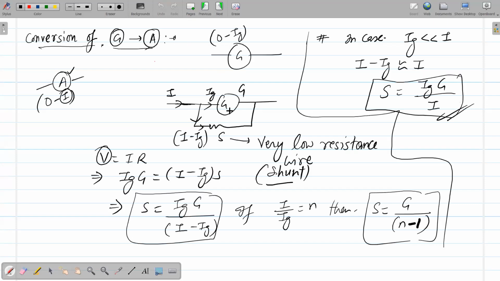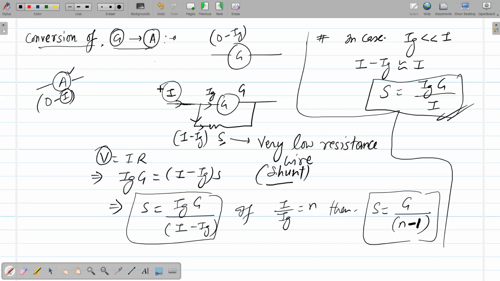Now if we talk about the ideal ammeter, you can see that this is the parallel combination and S is a low resistance wire. It is quite a logical thing that if you want to increase the current range of this galvanometer, how can it be done?